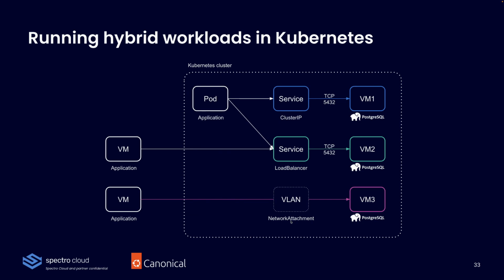And just running it as a VM for now makes a lot of sense in that case, as you would leverage the vMotion-like capabilities that KubeVirt provides to have high availability of this one database server. And so with those hybrid workloads, you can still run the workload in your Kubernetes cluster and benefit from the unified management of being able to have both VMs and containerized workloads in a single cluster and managed in a single way.